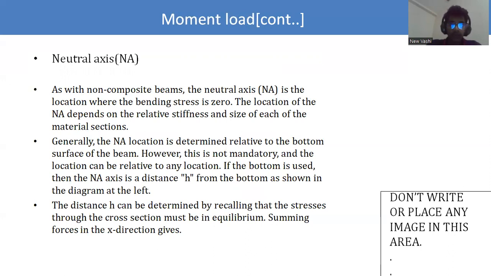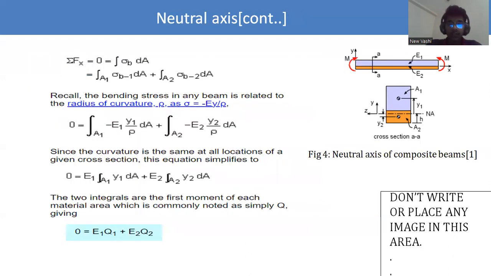The distance h can be determined by recalling that the stresses through the cross section must be in equilibrium, so summing the forces in the x direction gives the following. In diagram 4, we can see the neutral axis of composite beams, the location at which the bending stress is zero.